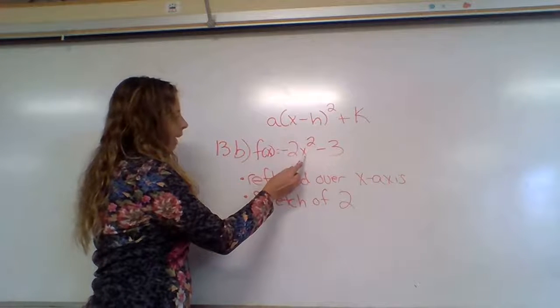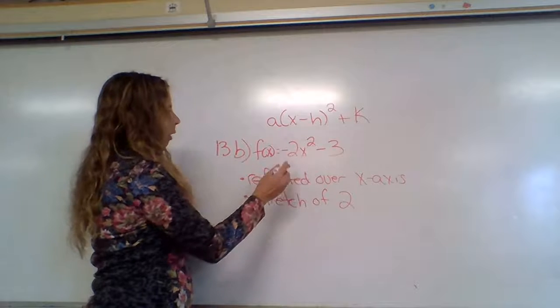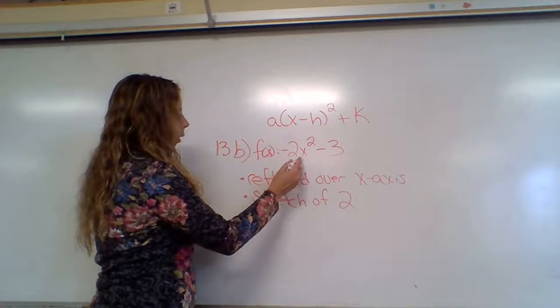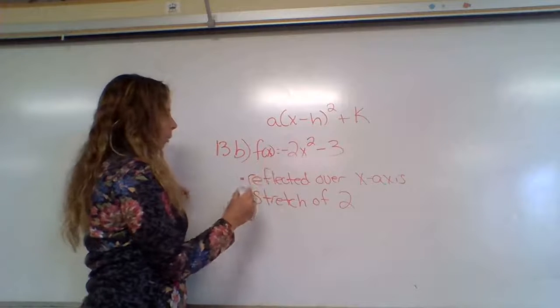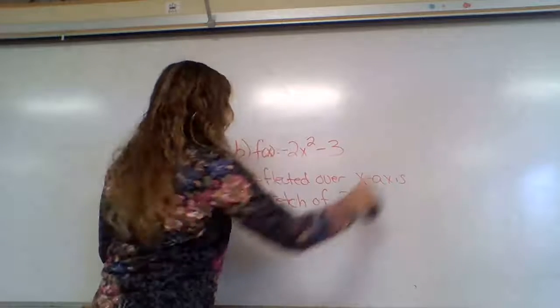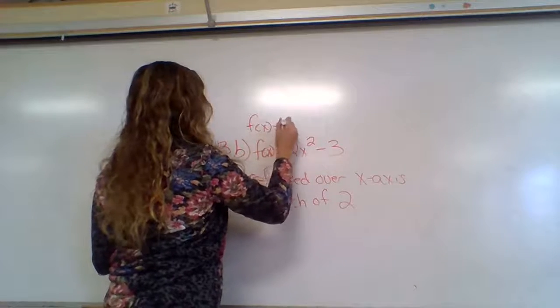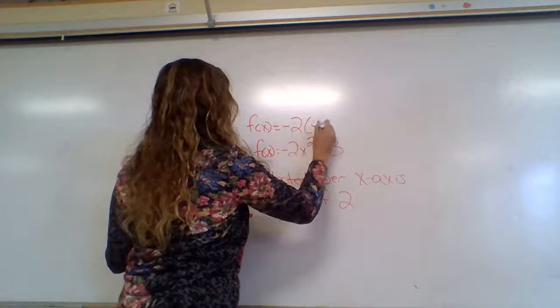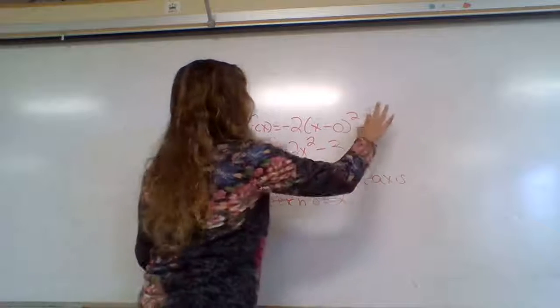Then there's nothing inside the parentheses with the x. It's just x squared. So we are not moving left or right at all. Remember, you could rewrite this as negative 2 times x minus 0 squared minus 3.